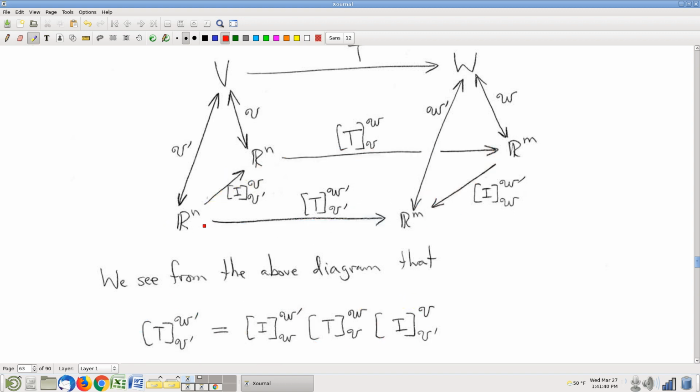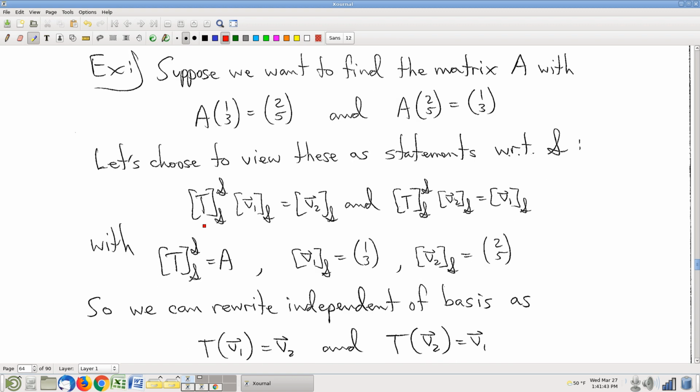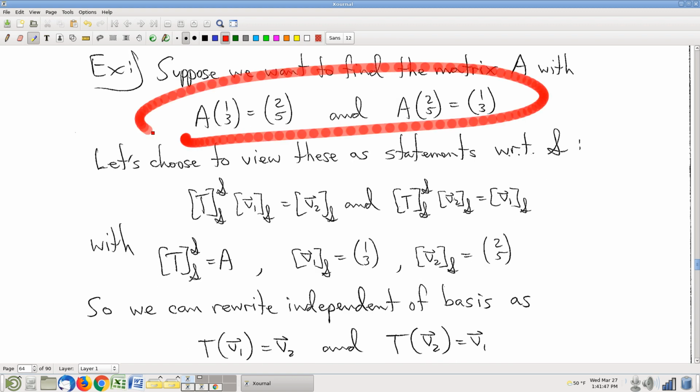I am going to say a couple of words about the next example. The example that we did last time, we had this given right here, and we asked the question of how would I identify what this matrix A is, where 1, 3 goes to 2, 5, and 2, 5 goes to 1, 3.